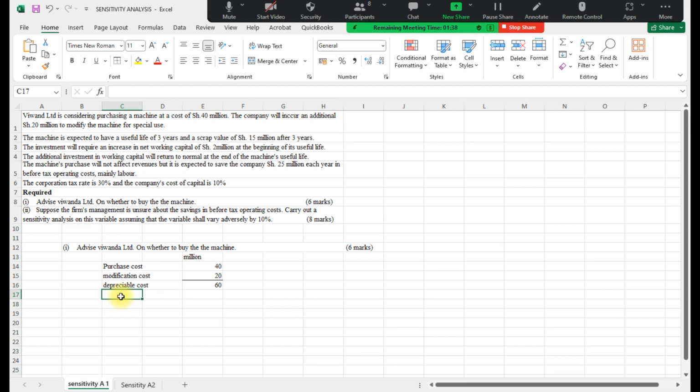And apart from that, we need additional working capital. Under the paragraph line 3 or line 4, the investment will require an increase in net working capital of 2 million at the beginning of its useful life.